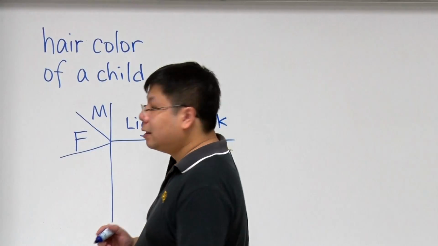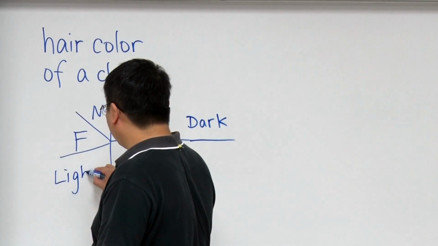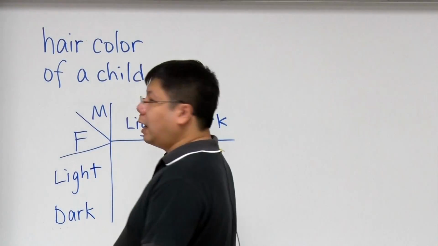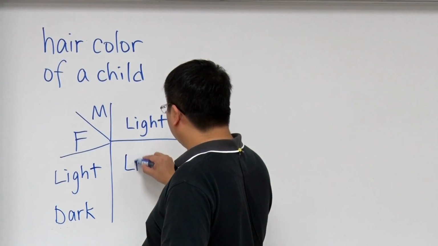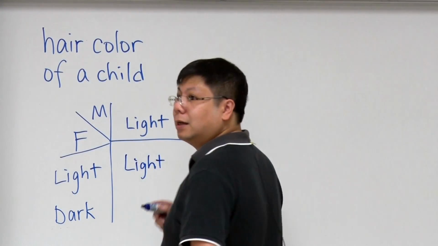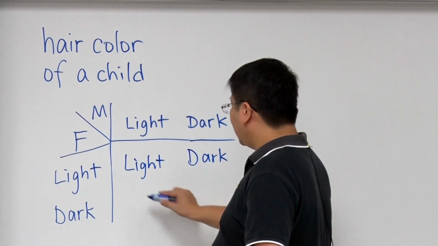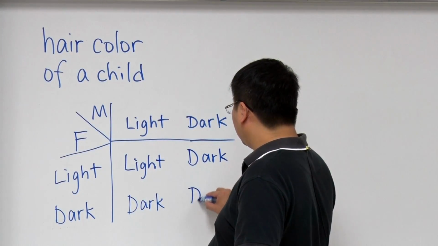And then the color of the father's hair, let's say it could be light or it could be dark. And let's say the result is like this. Light and light, let's say we get light. Light and dark, let's say we get dark. Dark and light, let's say we get dark. And dark and dark, let's say we get dark.